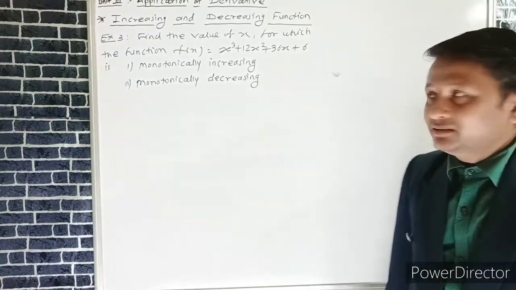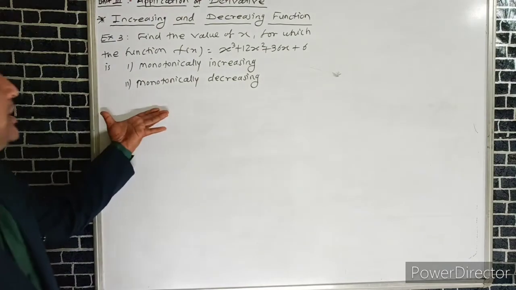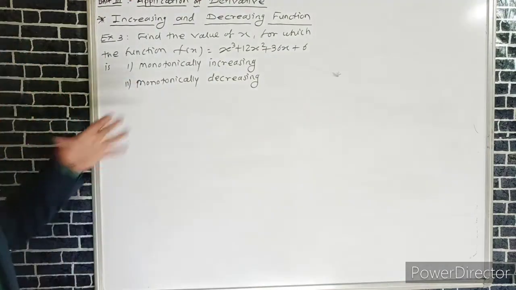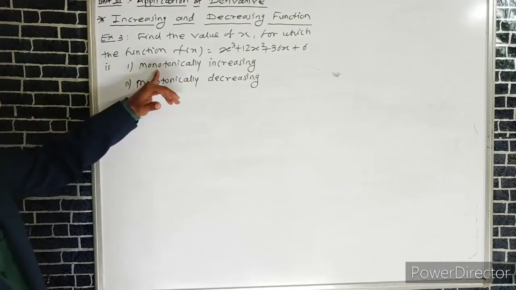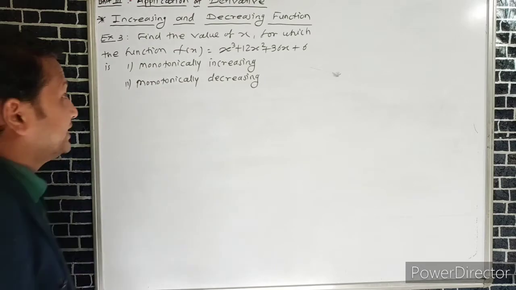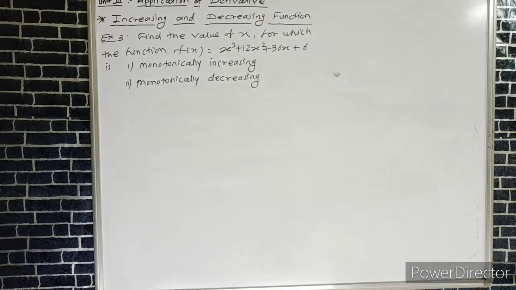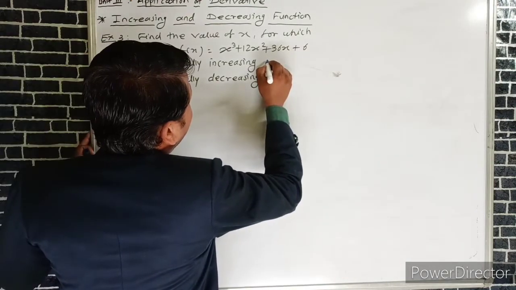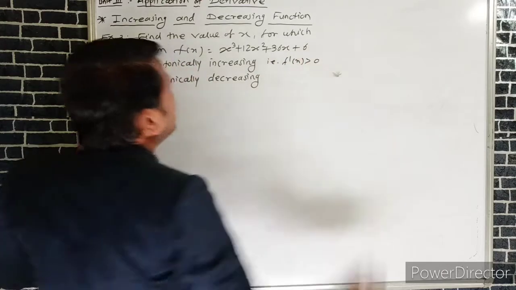So first we should know the condition of increasing or decreasing. If the given function is f of x and it is monotonically increasing, meaning strictly increasing, we can write that f dash of x is greater than 0.